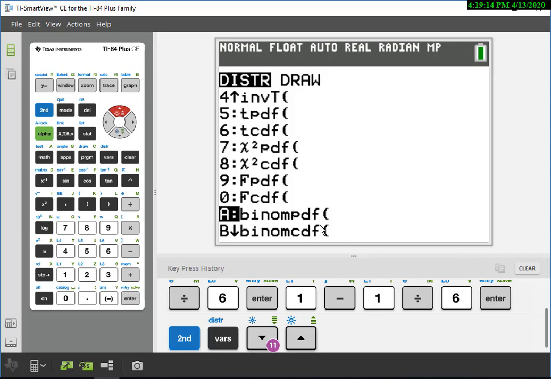Well, in that case, I'm going to use a binomial PDF, versus if I'm going to do an experiment of flipping a coin, let's say 10 times, and I want to know what is the probability that tails comes up no more than 4 times. Well, in that case, I'm going to use binomial CDF. We say binomial CDF because this is a cumulative type of probability.